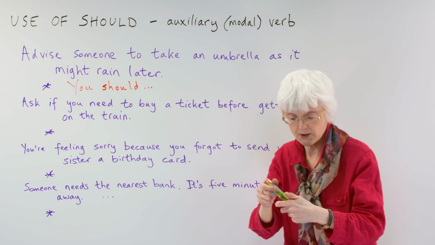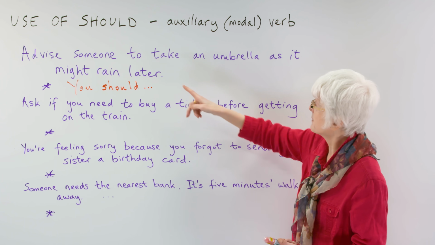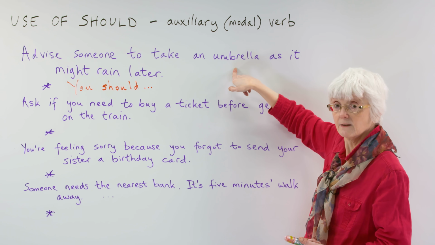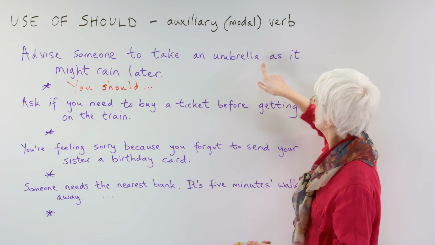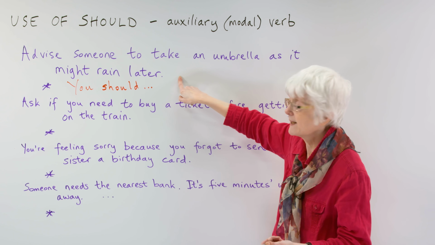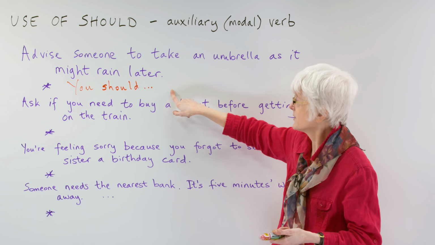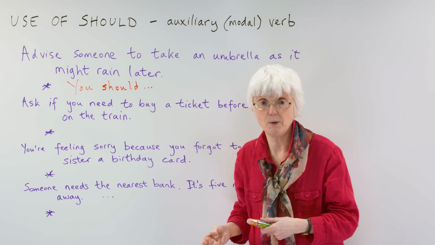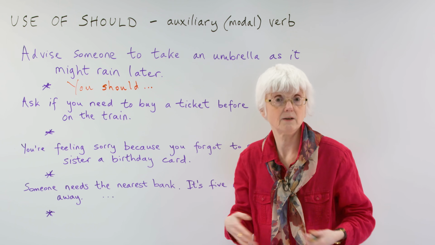And then the rest of the sentence can stay the same. You should take an umbrella when you go out, as it might rain later. It could rain later. You should take an umbrella. If you don't want to get wet, you should take an umbrella. Okay, so it's advice.